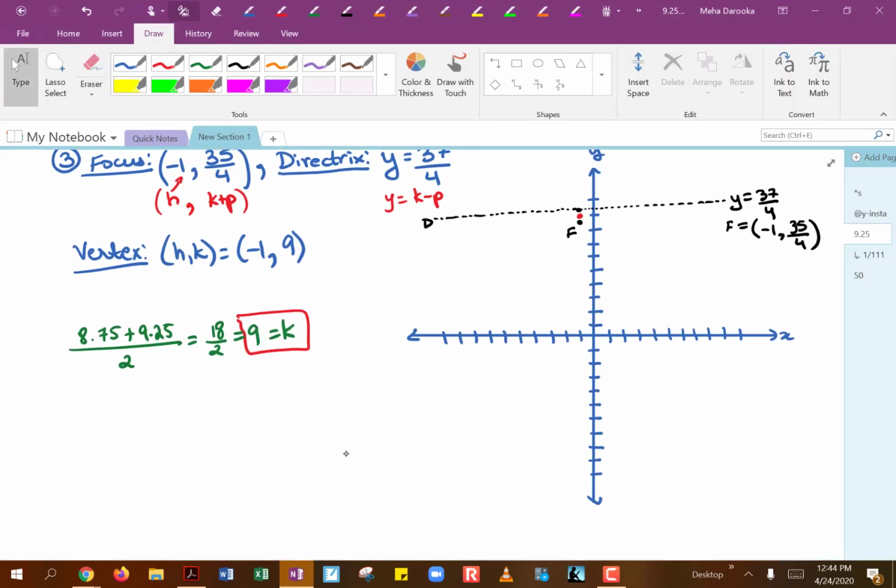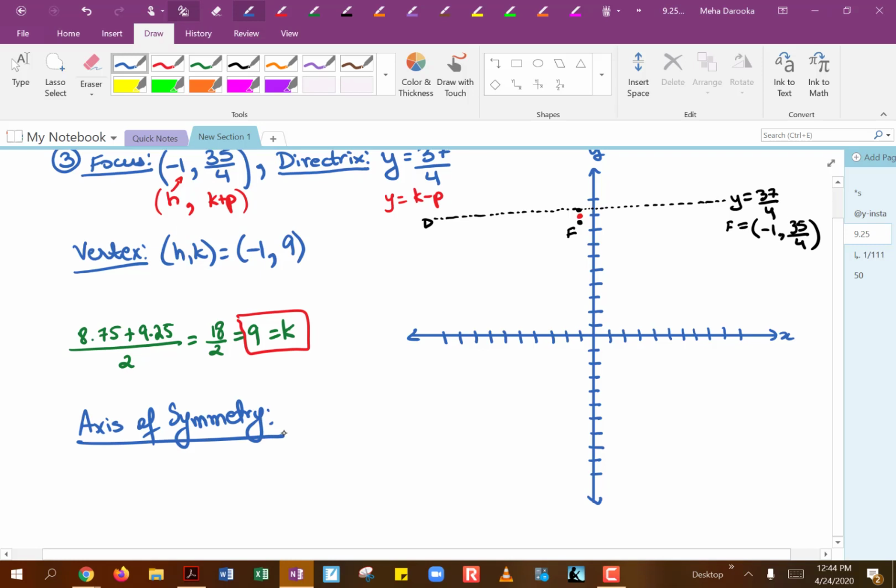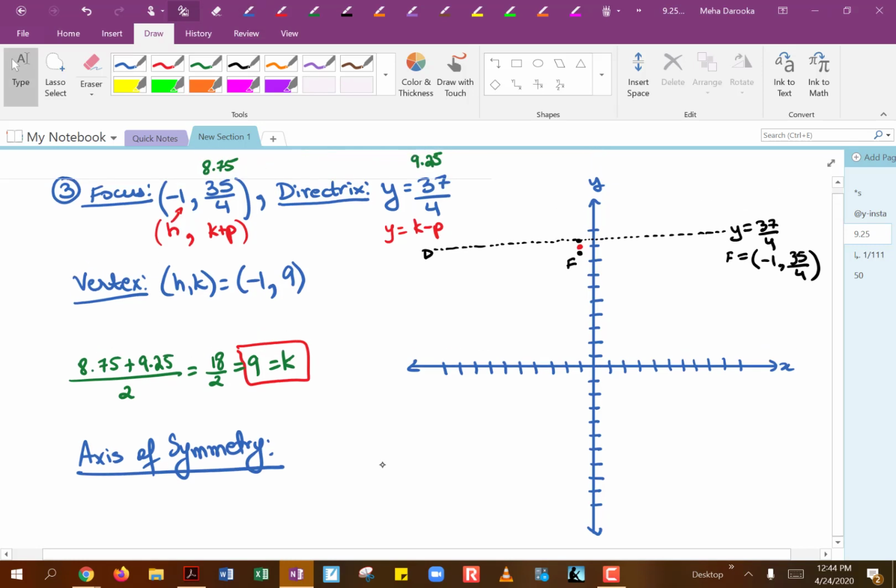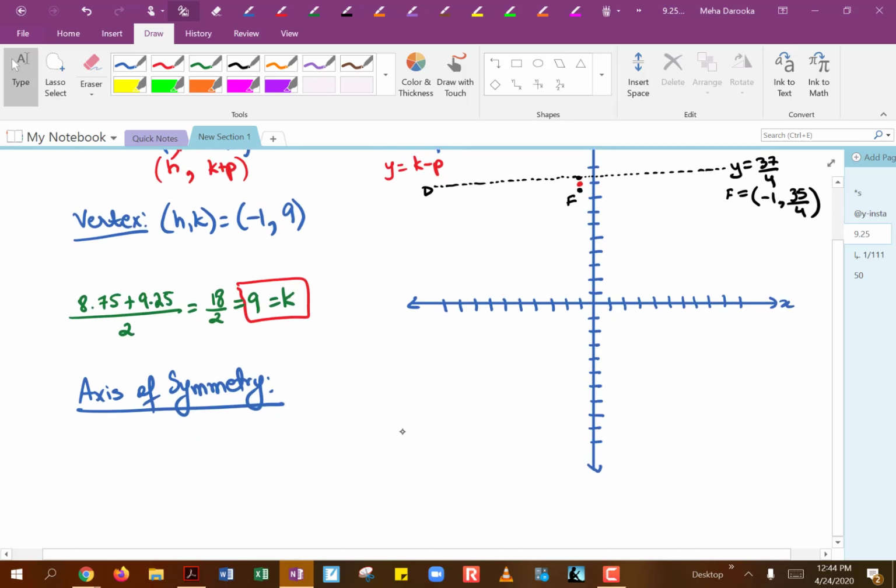Now remember, axis of symmetry always passes through the vertex and the focus. It's going to pass through the x coordinate of our vertex and our focus. So that tells us the axis of symmetry is going to be the line x equals -1.